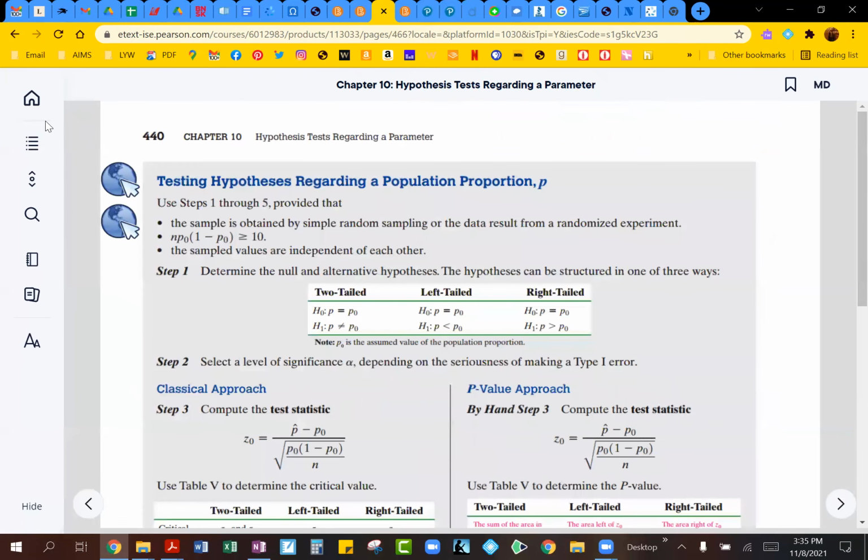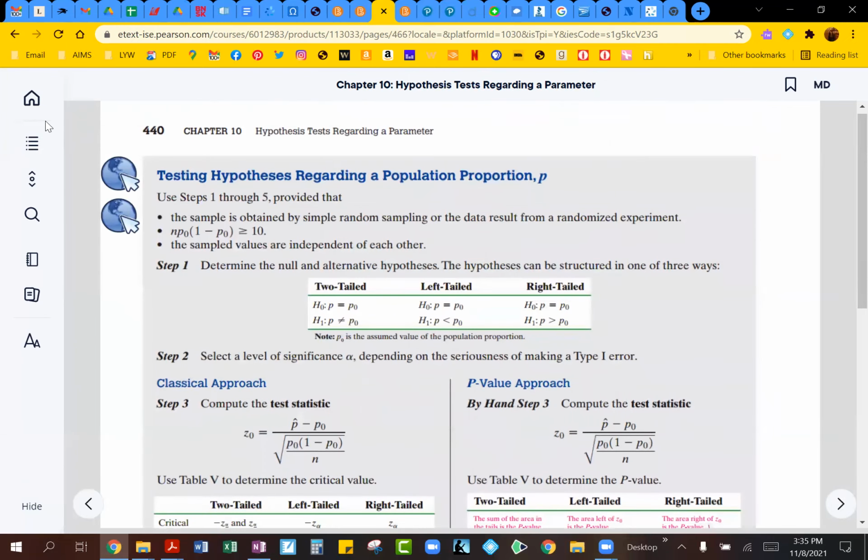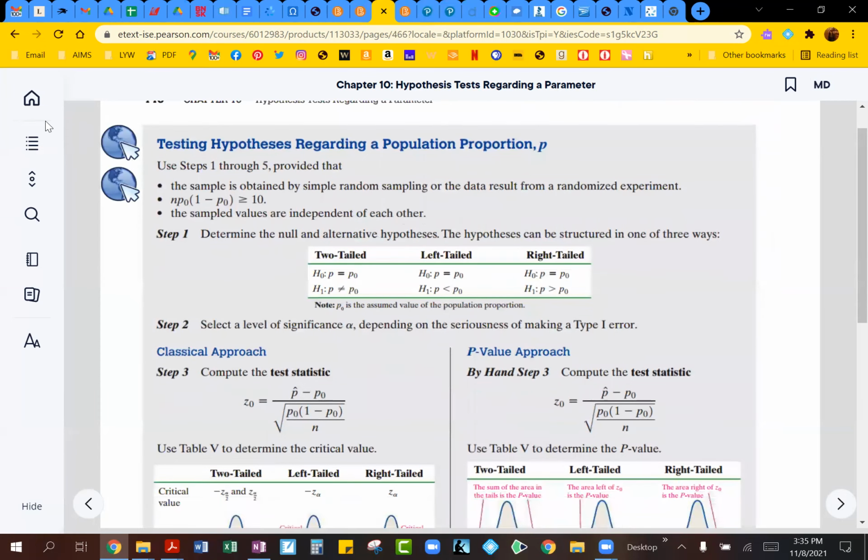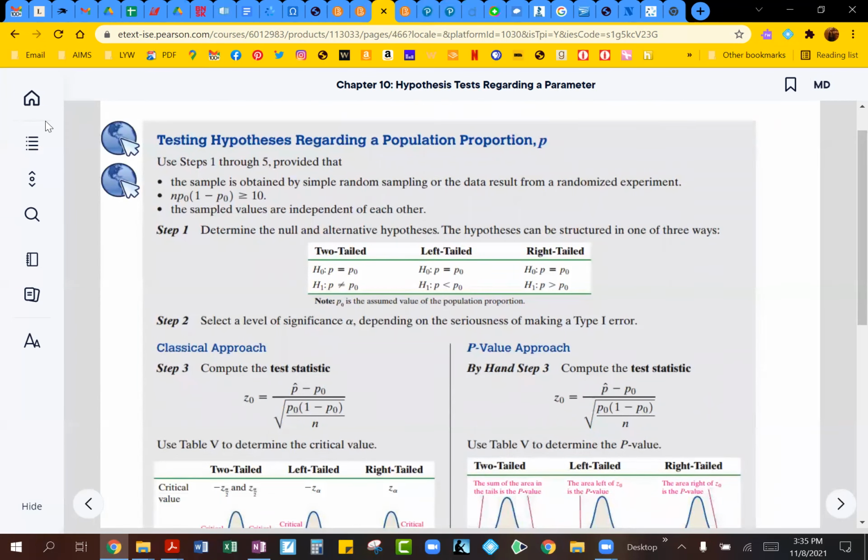And you can again see there's quite a bit of information here for you to read through, but this is where we are right now. We've got our population proportion, and since we set up our hypothesis testing as p equals the number and p not equals, you will see we are looking at this two-tailed hypothesis testing over here. And then we have our formula for calculating our test statistic.